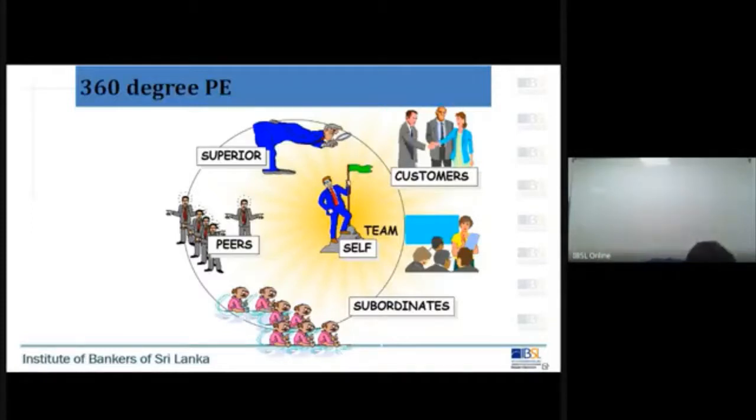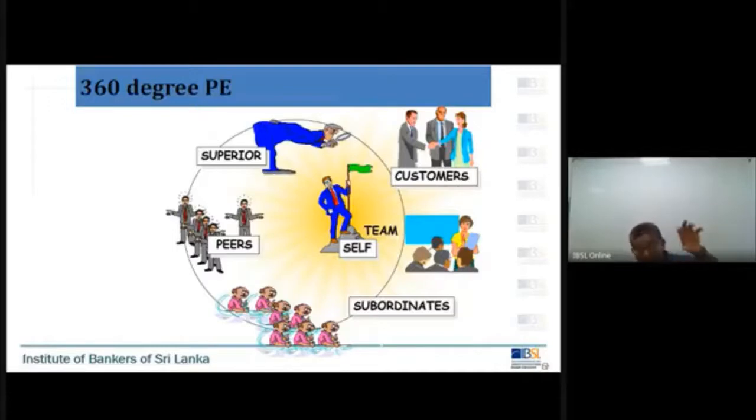They are also given a chance to evaluate you. So your superior evaluates you, subordinates evaluate you, your peers evaluate you, sometimes your customers also evaluate you. That means you are evaluated by different people.